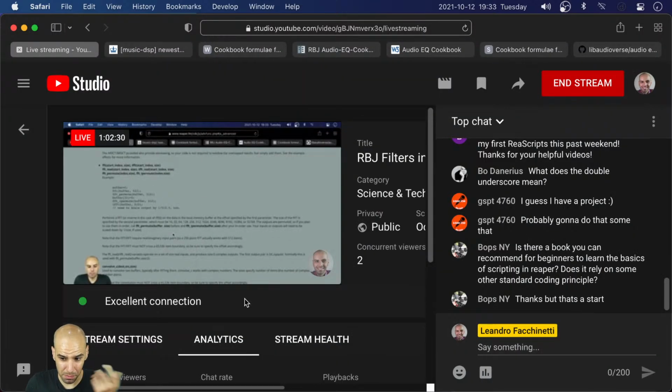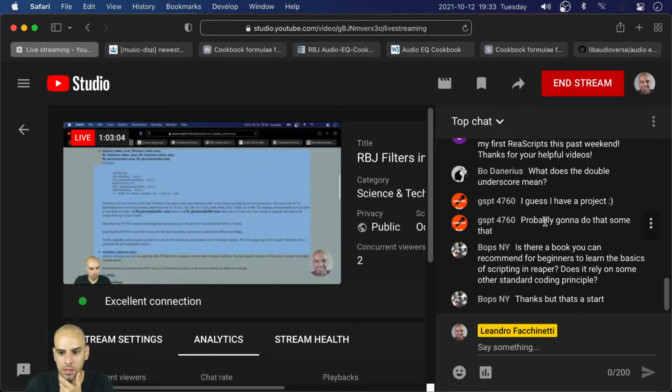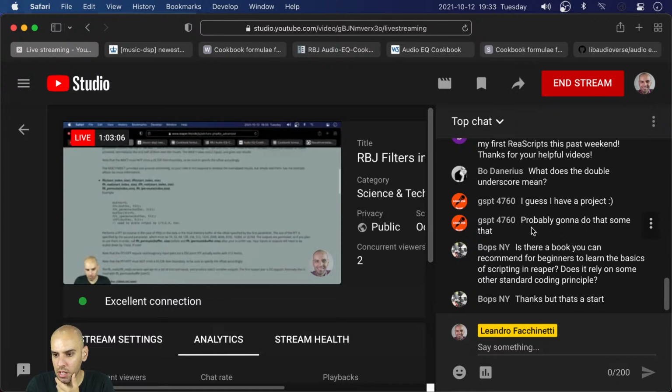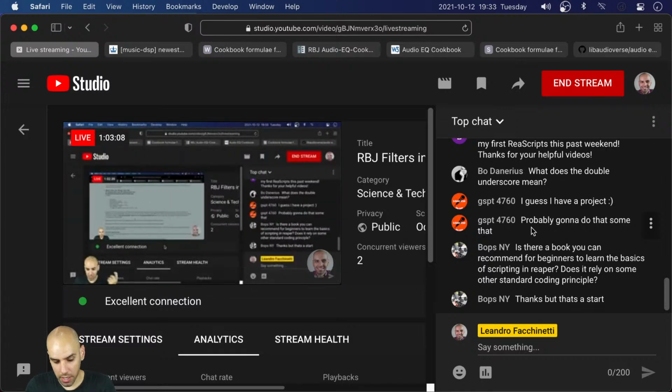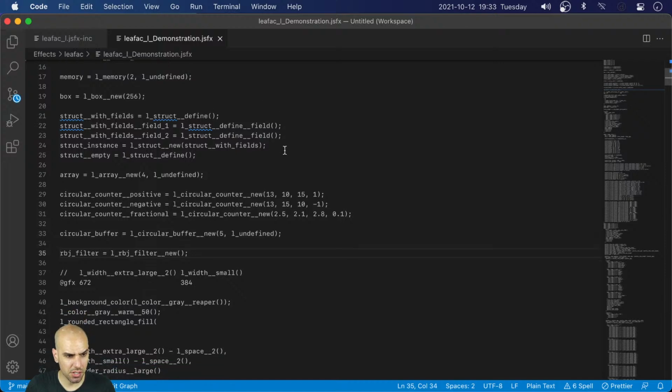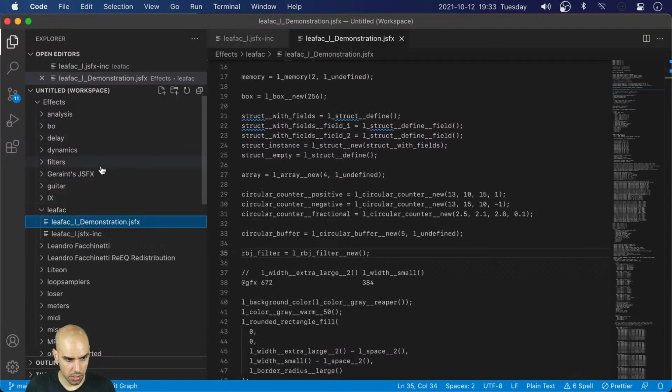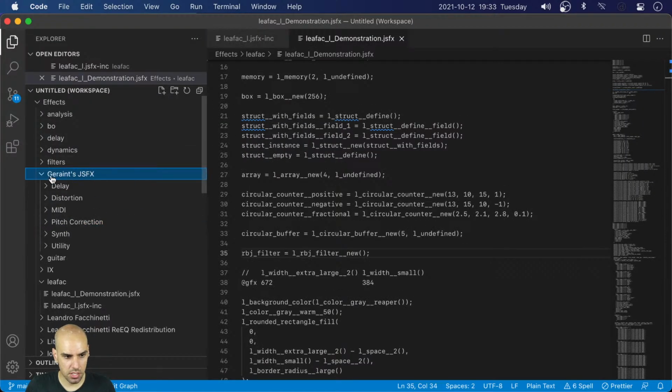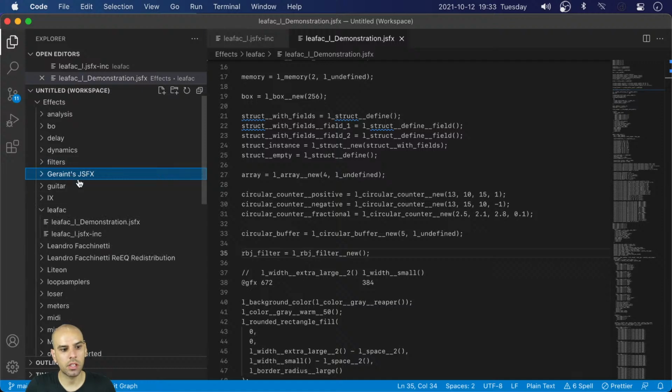So personally, what I am doing is I have a bit of experience in programming. I have been doing this for most of my awake time in the last 17 years. But what I'm doing is just reading some of the docs, reading a lot of what other people write. I'm learning so much from just going to the other effects, like this is a treasure trove of digital signal processing concepts and JSFX concepts.